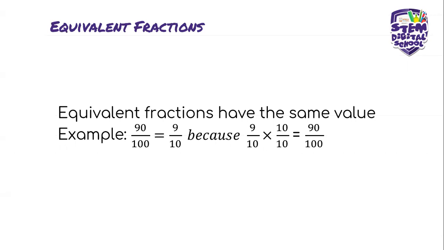So you multiply the denominator by 10, and whatever you do to the denominator must also be done to the numerator. And 9 times 10 is 90. 10 times 10 is 100. So this is what we mean when we talk about equivalent fractions.